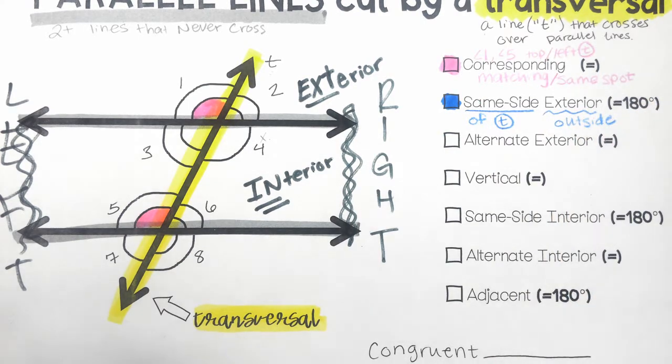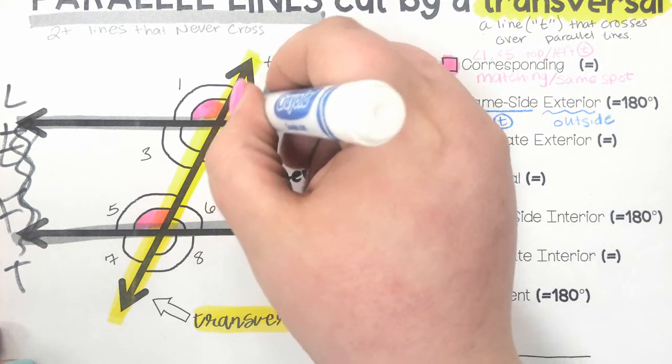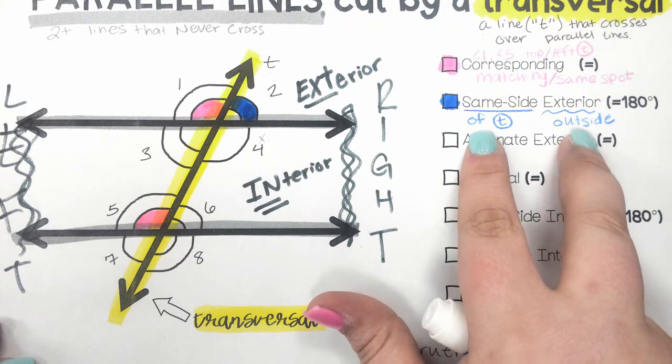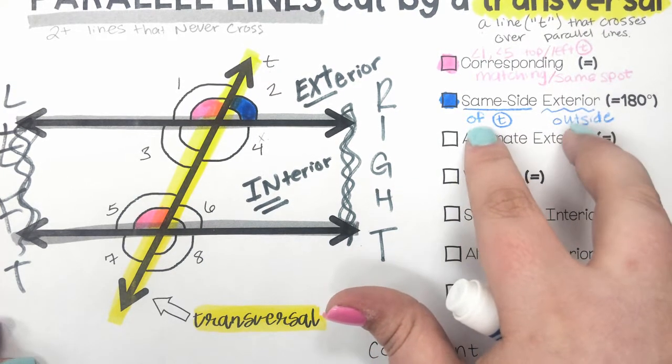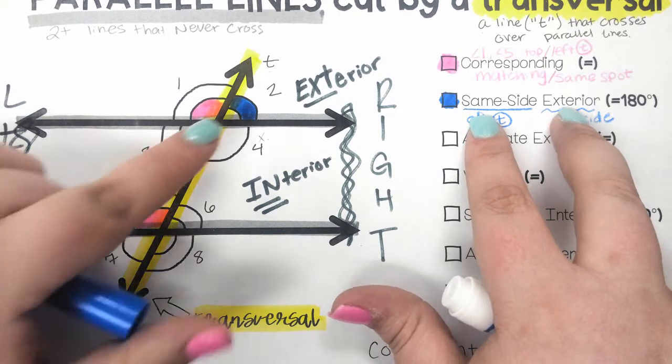So let's color in angle 2. And now let's find, using the definition, same side of the transversal, exterior, outside. Using the definition, let's find the angle that is same side exterior with angle 2.